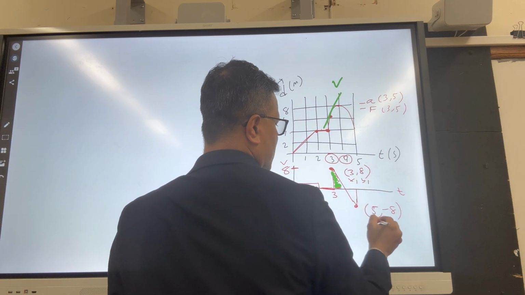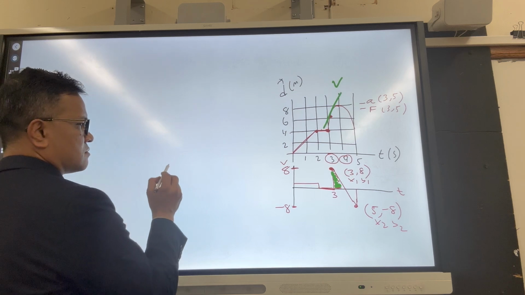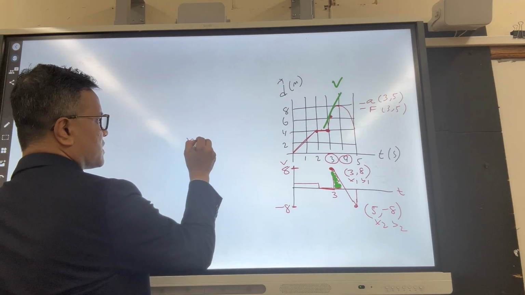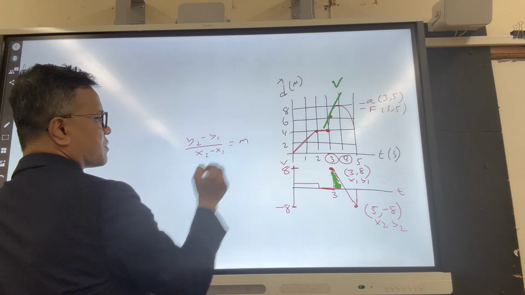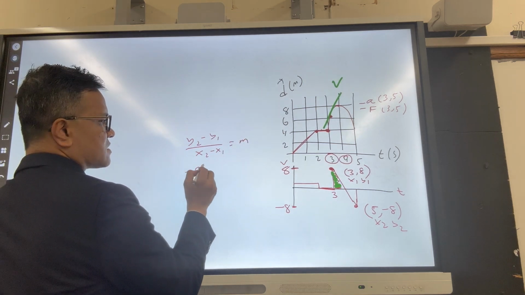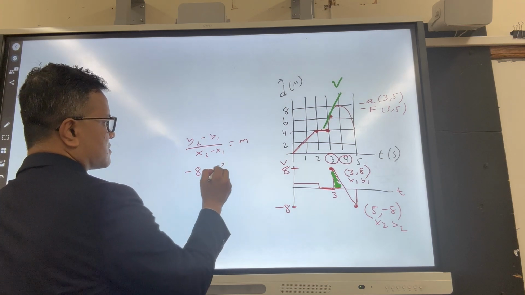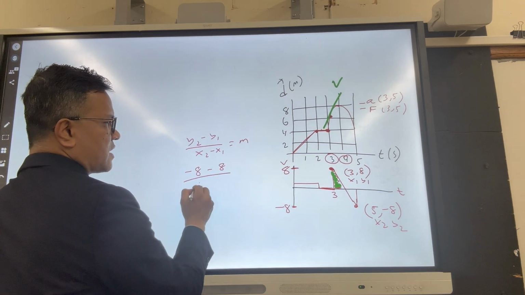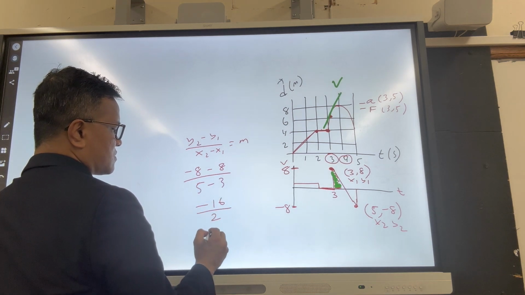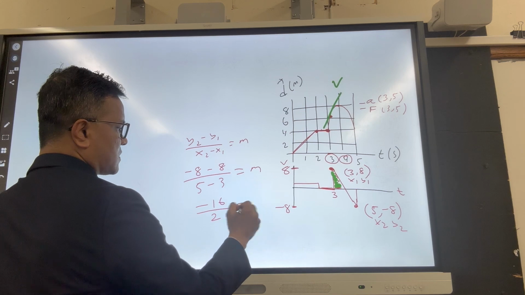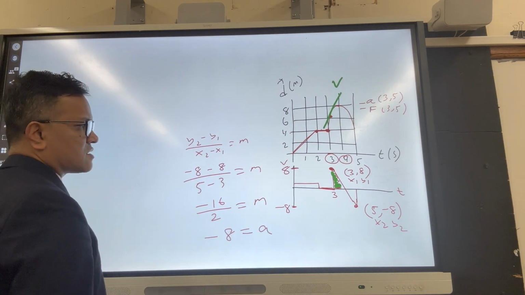With x1 y1 and x2 y2, y2 minus y1 over x2 minus x1, we're going to call it slope. Y2 is minus 8 minus y1 which is 8, over x2 which is 5 minus 3, which is minus 16 over 2, so minus 8. We want to call it acceleration. Why is that?